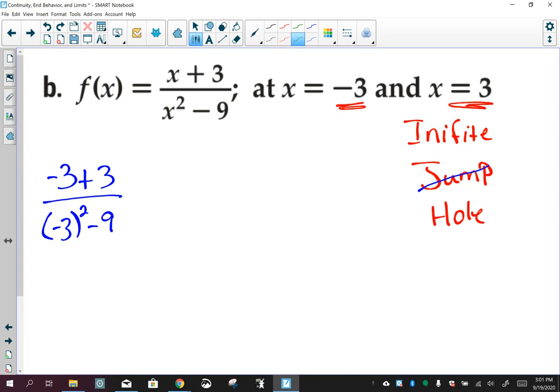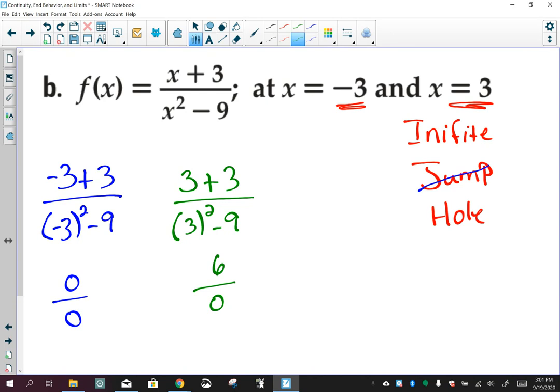And I'm going to do the same thing for the other one: 3 plus 3 over 3 squared minus 9. I'm going to clean this one up, and I wind up with a 0 over 0. I'm going to clean this one up over here, and I wind up with a 6 over 0. So now I have two answers, and I have no idea what to do with them.